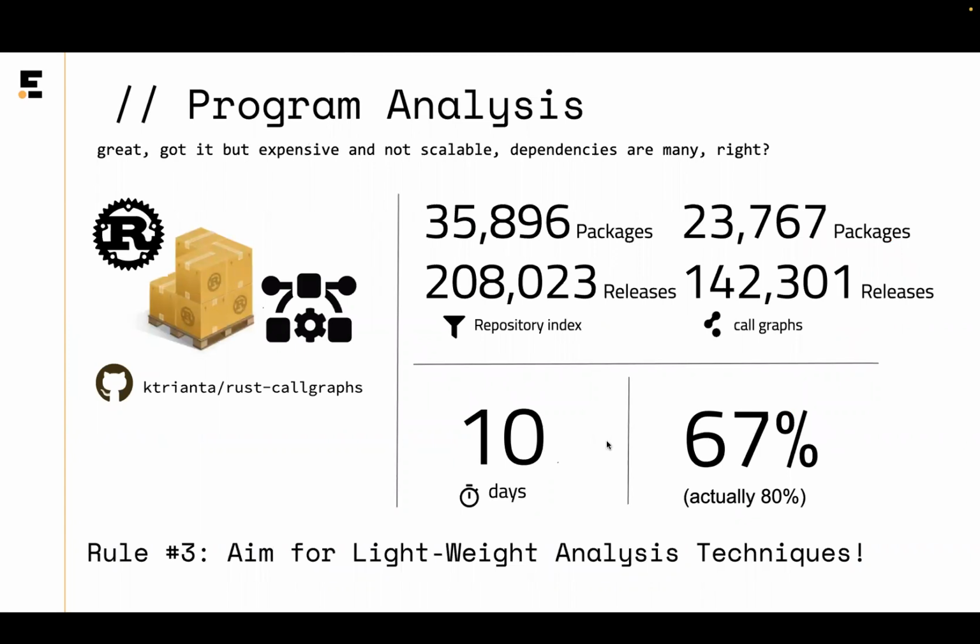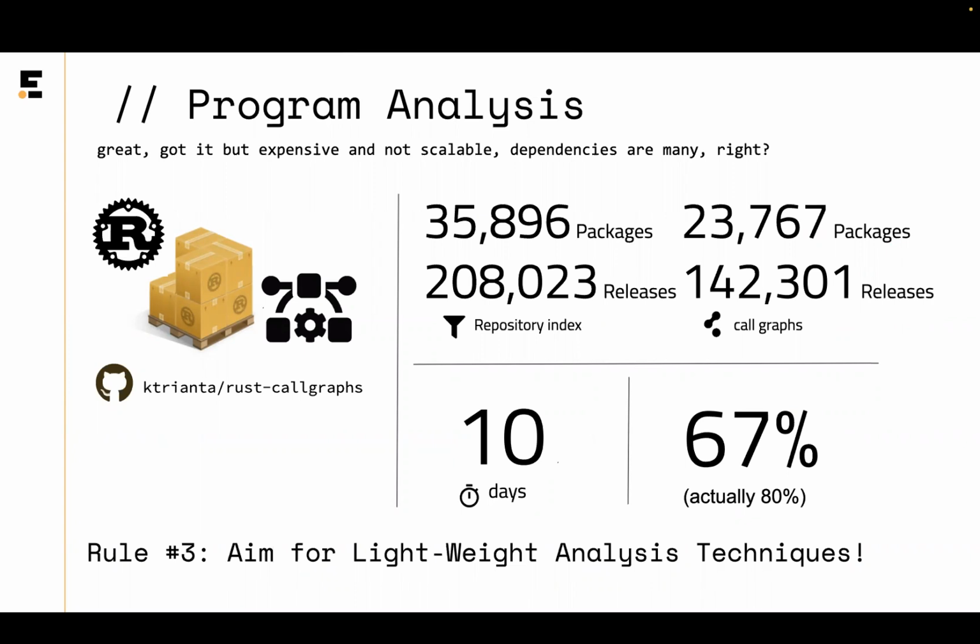And another problem with enabling program analysis in dependencies is that going to the source code level is generally great, but it can be pretty expensive and often not scalable.